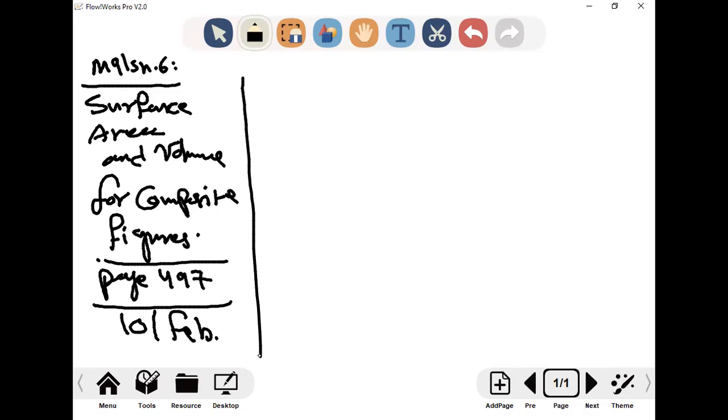Now let's remember what we took in the last two lessons. We took two ideas, volume and surface area.